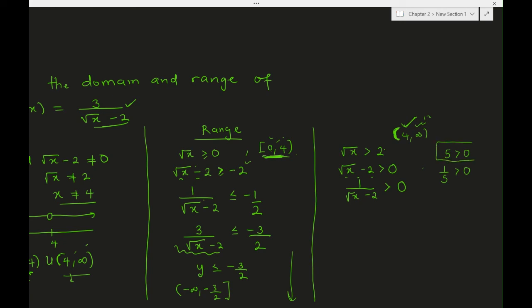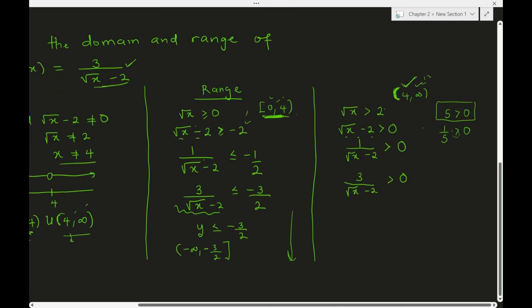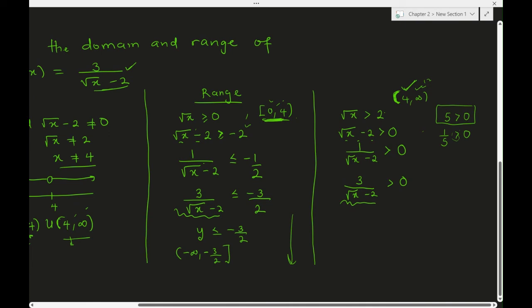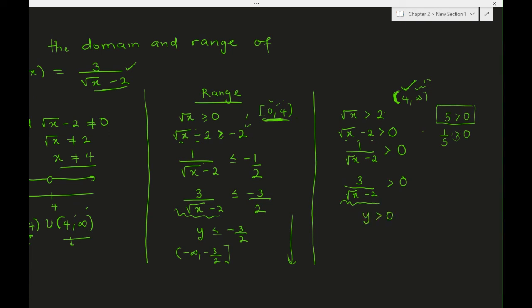Just like I said, anytime you have a number greater than 0, if you flip that number, the inequality is not going to change. It's still greater than 0. So now I can multiply both sides by 3. So this will become 3 over root of x minus 2, which is still greater than 0, right? So what have we created like this? This is our y. So y is greater than 0. Which means we have 0 to infinity.